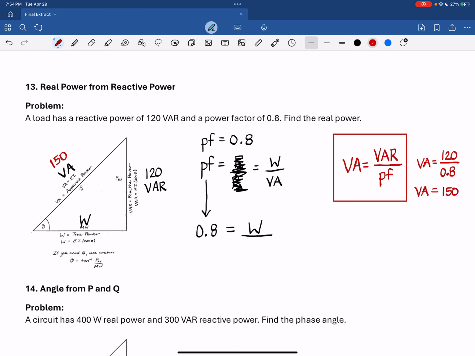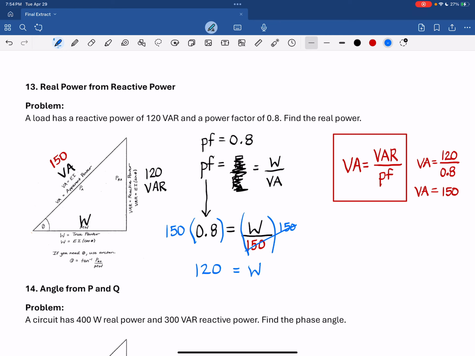So I can bring that in here for VA, and we can finish this problem. We have to multiply both sides by 150. That would leave me with W equaling 120. So real power is 120.